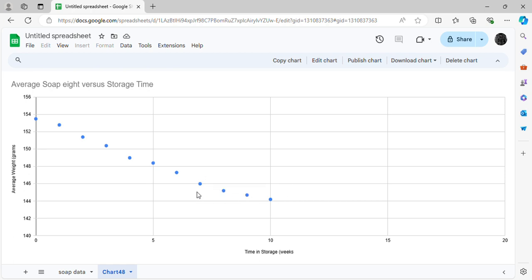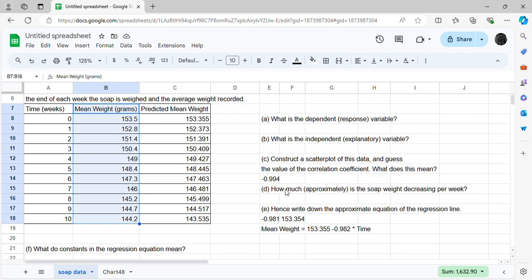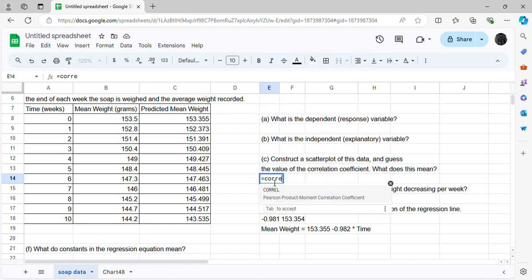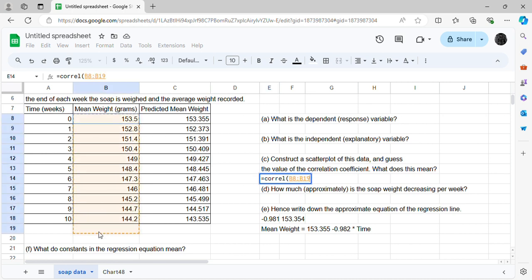So it could be minus 0.95. But to calculate that, we type equal correl, select the dependent values, comma, select the independent values, and that's negative 0.994.